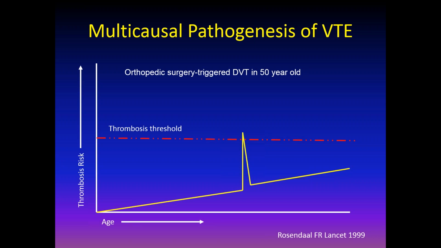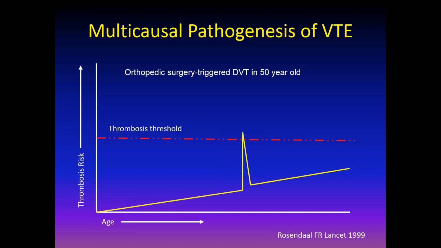It's the combination of intrinsic and extrinsic risk factors that determines your risk of a thrombotic event. And there is a thrombotic threshold: when you have an accumulation of risk factors of significant degree, that pushes your thrombosis risk above this threshold and triggers a clinical event.